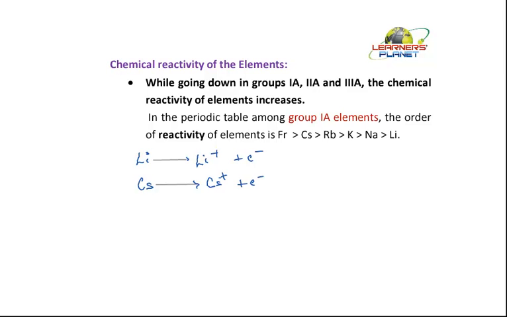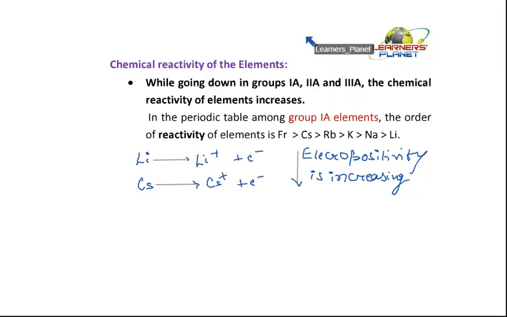Now what I told you students was that when we move from top to bottom in a group, the electropositivity is increasing. Why is electropositivity increasing? Because the effective nuclear charge, or the force of attraction of the nucleus on the outermost electrons, is decreasing.